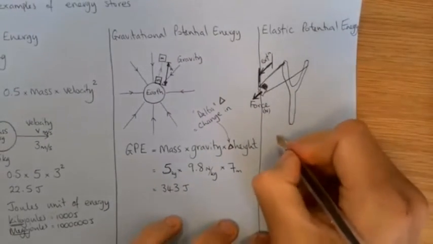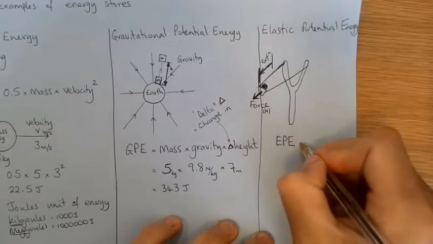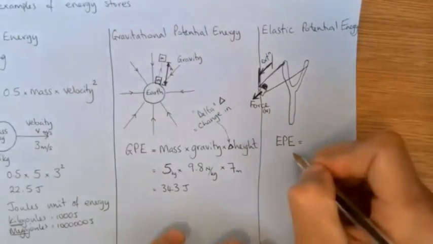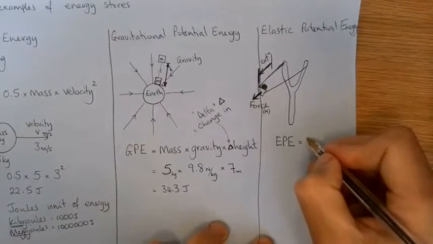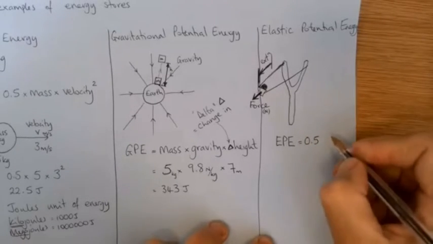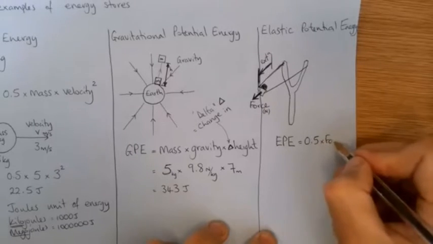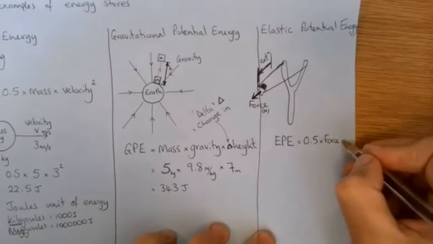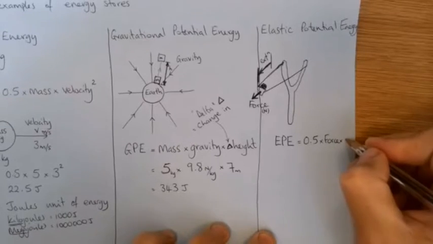And the elastic potential energy that is stored in the spring is half times by the force times by the extension.